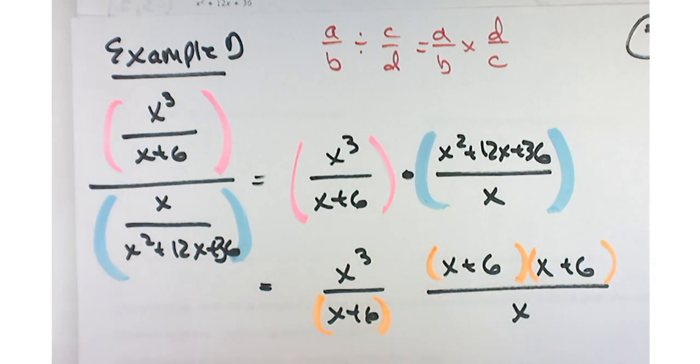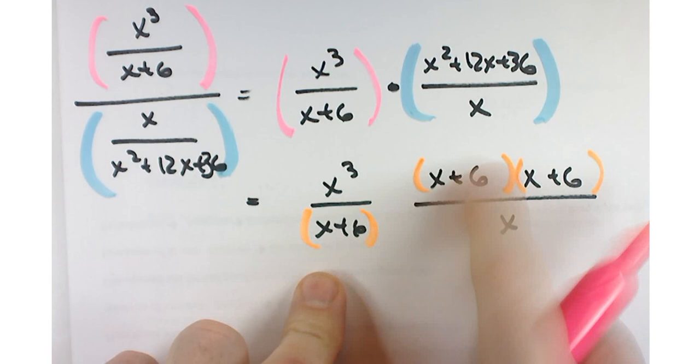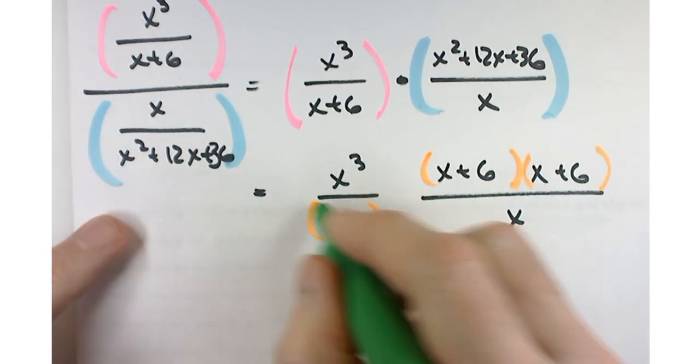Sixes, yeah. 6 and 6. If you're playing the game of craps, that'd be boxcars. So let's take a look here. 6, x plus 6, and x plus 6. Both of those cancel, so let's do that.